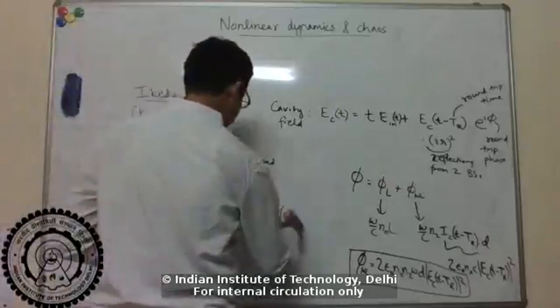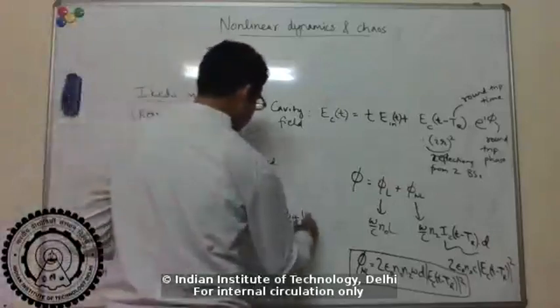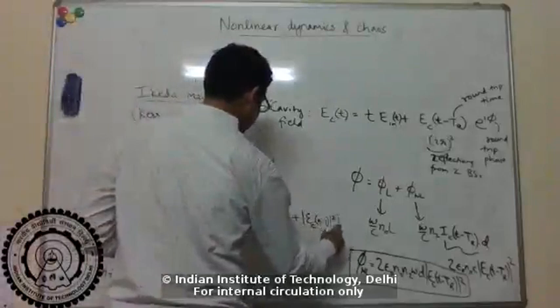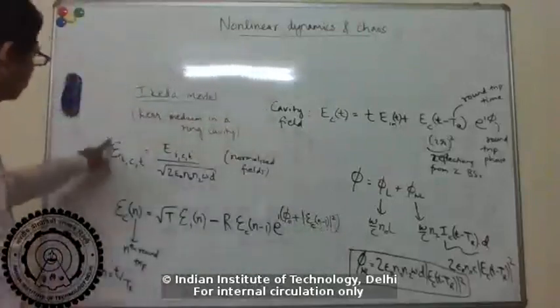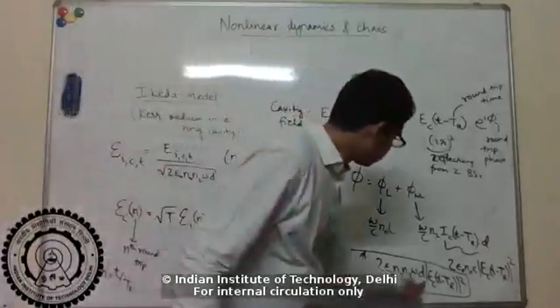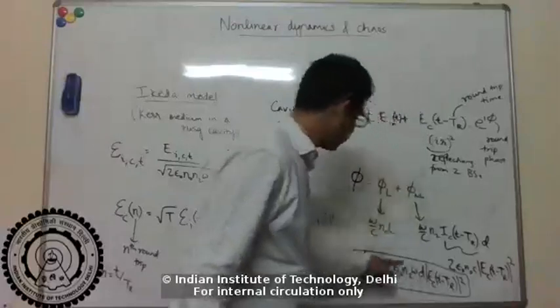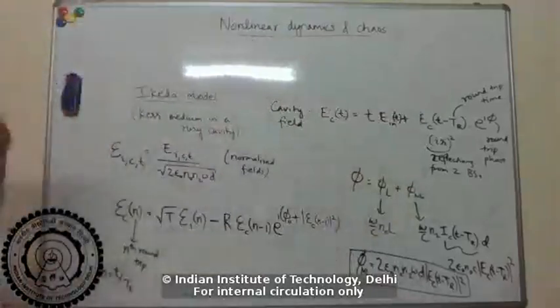And here the phase will be some e to the phi naught, the linear phase, plus this mod of EC n minus 1 squared. Right, so this curly E I defined as this square root of this times E, so this phi NL will just be the mod of curly EC squared. You can see.